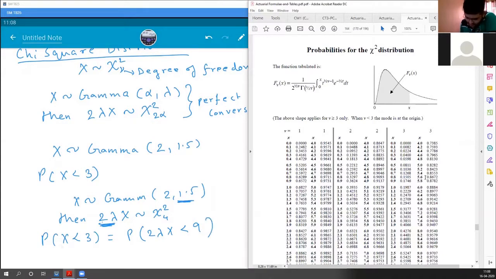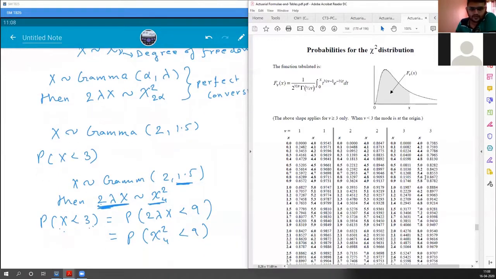I've multiplied 2 lambda on both sides. This becomes probability chi-square, because 2 lambda x was following chi-square 4, chi-square 4 less than 9. So we have converted our variable x into the variable chi-square 4.